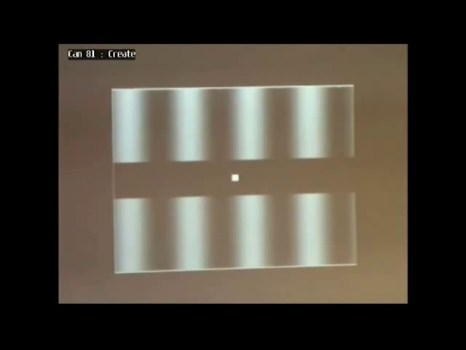And here's another one called motion aftereffects. It's the same thing. Just fixate on the fixation dot there and wait for a few seconds when the stimulus is off. Then you should be able to see very strong motion aftereffects moving in the opposite direction.